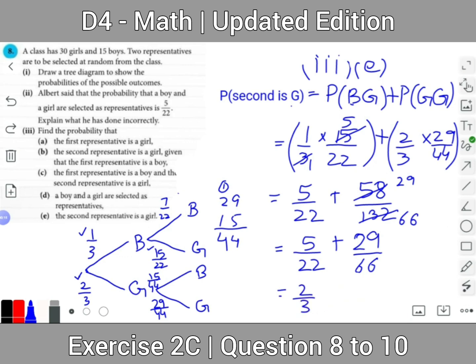So the probability that the second is girl will be equal to 2 over 3.